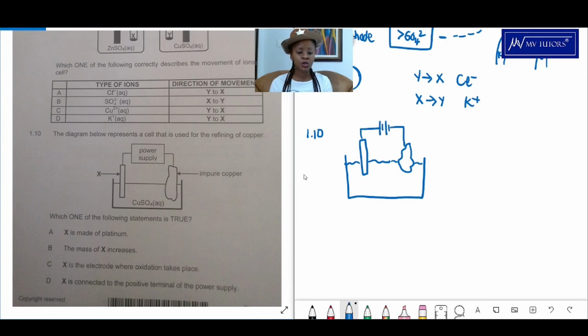Okay, so this is your impure copper. All right, if you have your impure copper, you want to refine it. So once this chemical process starts, because of the electrical energy making things happen, whatever is impure here will settle to the bottom and form a sludge kind of thing.